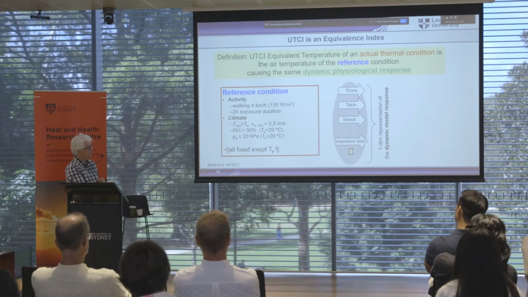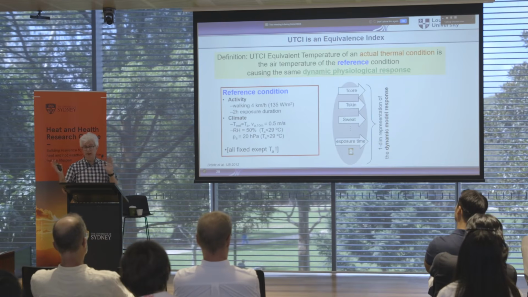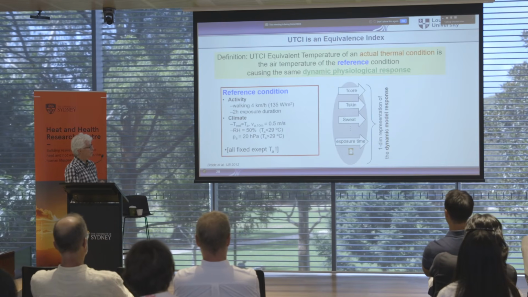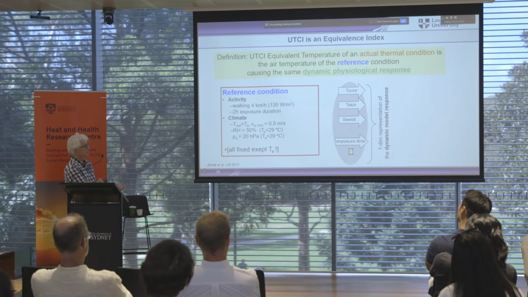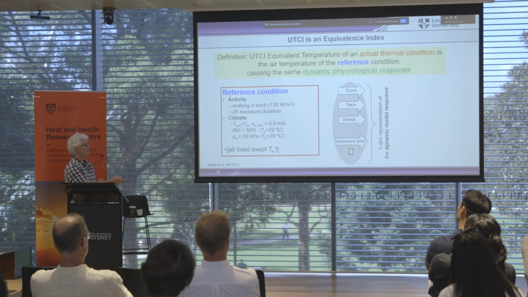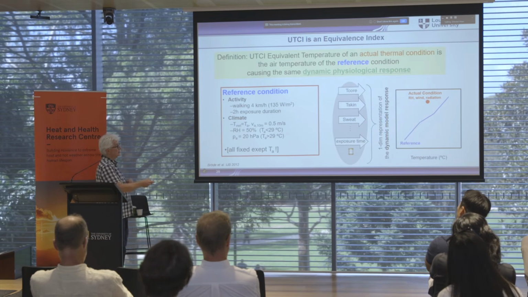So everything is fixed except air temperature. So that's all the calculations we did, and those are the UTCI reference temperatures. All the physiological responses are integrated in this one-dimensional reference response, and what you get then is the following.